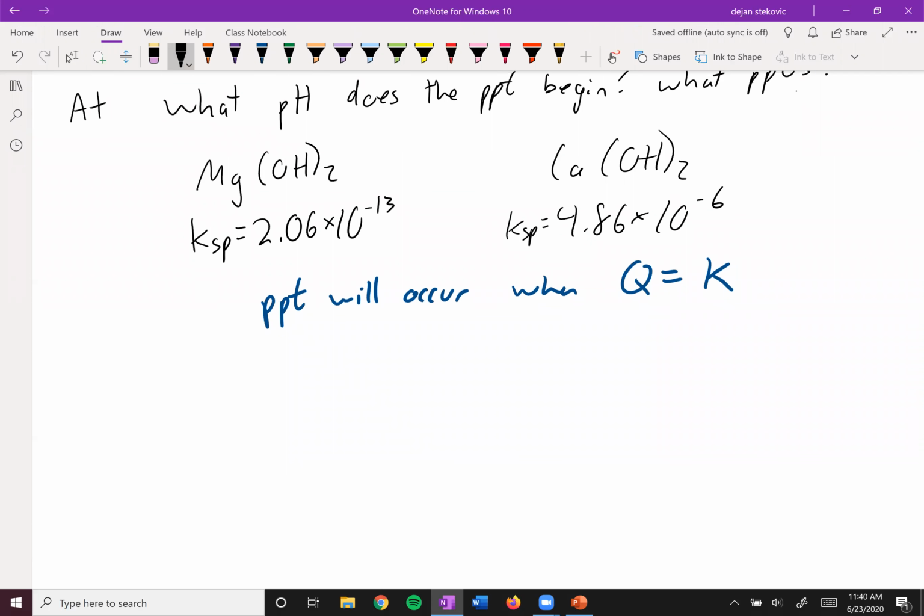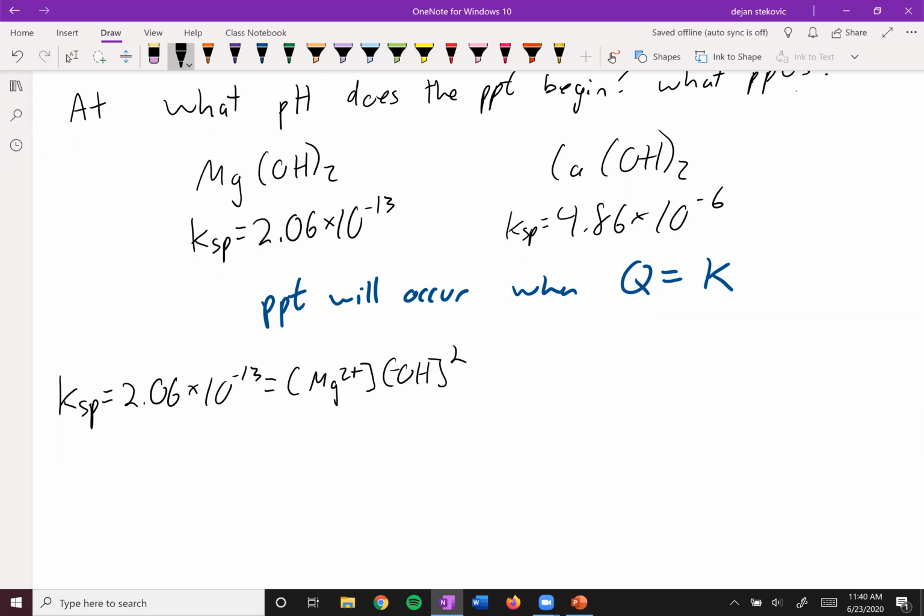And so we can write out equations for both of these sides. This KSP is 2.06 times 10 to the negative 13, and it's equal to the concentration of the magnesium 2 plus times the concentration of the hydroxide squared.